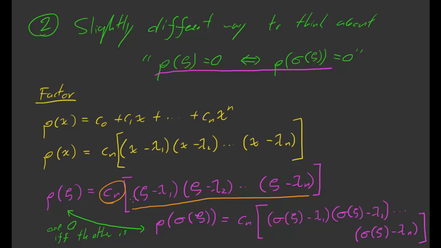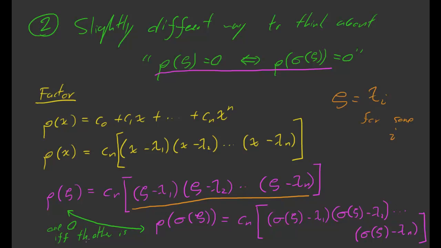So if p of zeta is equal to 0, then one of the terms in this product must be equal to 0. That's just saying that zeta is equal to lambda i for some i. That's all this first thing is saying.